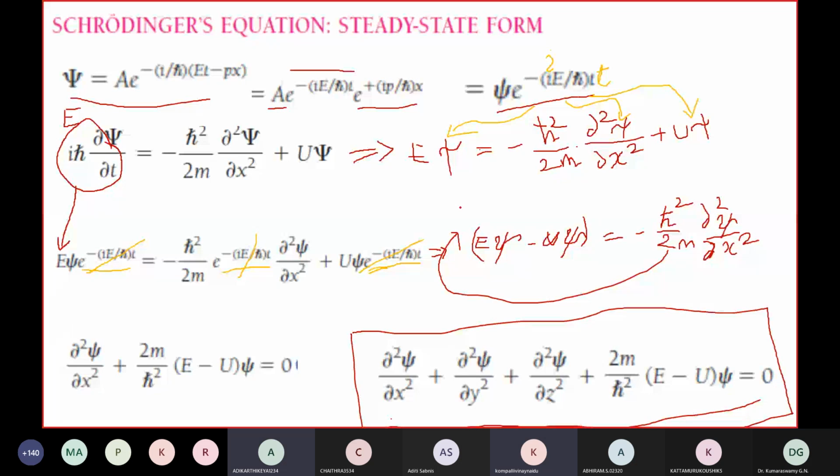Sir, is the last one the 3D one or the 1D one? 3D one. Sir, once again, can you repeat that point? This is Schrodinger's time independent equation.